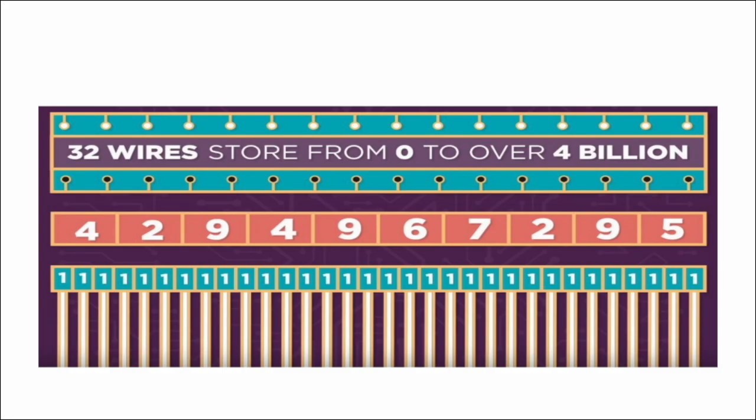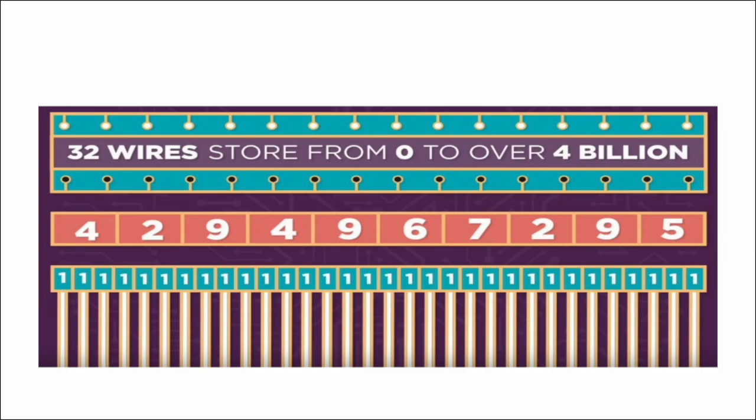But the problem is, in a computer, you can't add an arbitrary number of bits. If at all you are adding even 1 bit, you have to add 8 bits. You can't add 1 bit at a time. You have to add chunks of 8 bits at a time, and that is 1 byte. So suppose I have 4 bytes, how many bits do I have? 4 into 8, 32 bits.